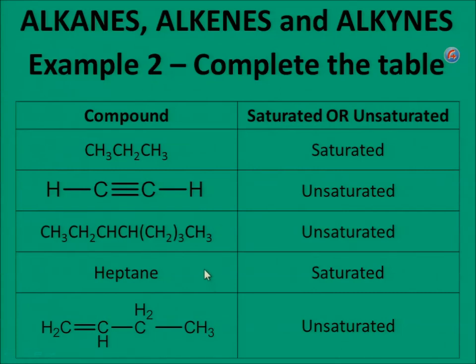The next one, heptane. Remember, the suffix for alkanes is -ane. Therefore, you should know that heptane falls in the alkane category, which means it has only single bonds and is therefore saturated. And for the next molecule, you can see there's a double bond, therefore unsaturated.